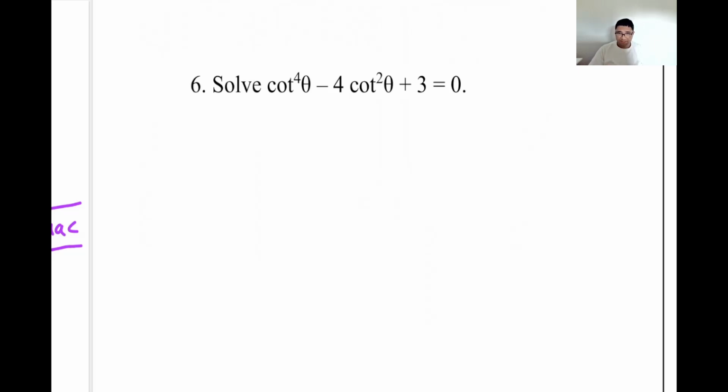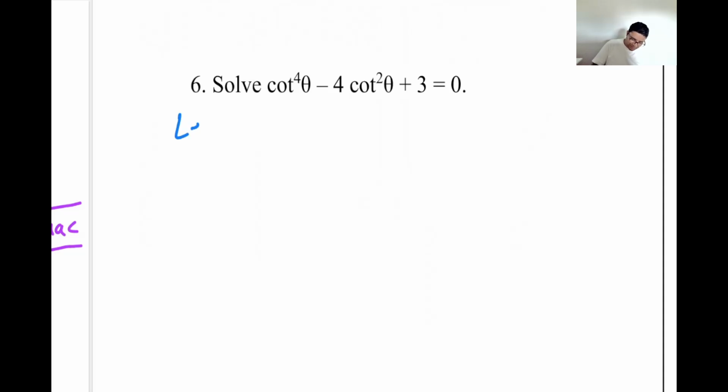We are going to convert that cot to tan at a later point. The other thing is how to deal with the power 4. Luckily, this is cot to the 4 and then cot square. You don't have cot cube theta and you don't have cot theta. Odd degrees are not there, only even degrees are there, which is always useful.